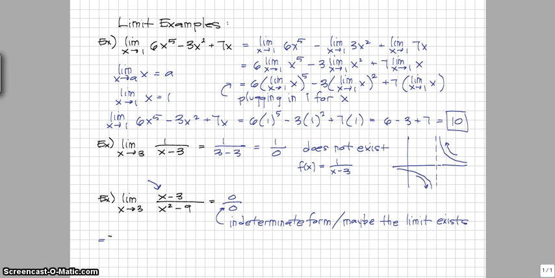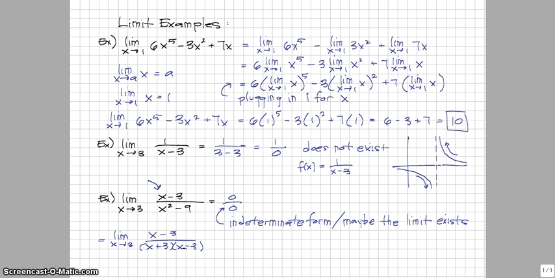So we're going to continue on. Our original limit, it should be clear: the limit as x approaches 3 of x minus 3 over x squared minus 9 is exactly the same as the limit as x approaches 3 of x minus 3 over x plus 3 times x minus 3. Right? We use difference of squares to factor the denominator, and these are equivalent statements.